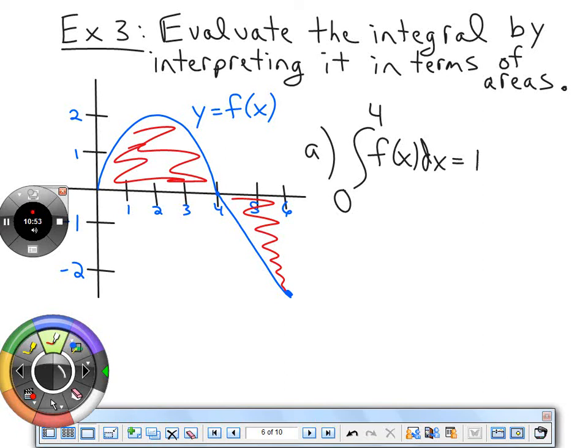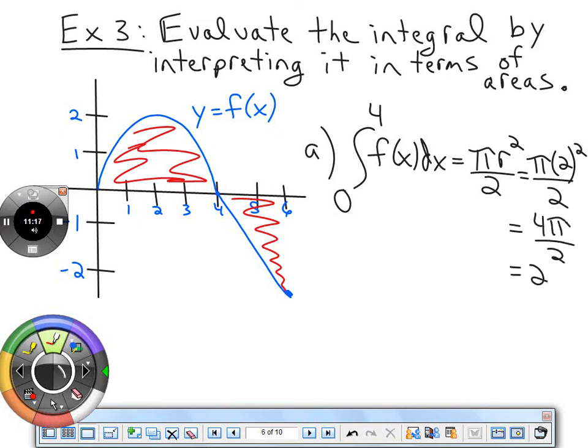So that would be pi r squared over 2. And the radius of this circle would be 2. So we would put that in there. So we have 2 squared divided by 2. And then this would be 4 pi divided by 2. So our area would be 2 pi.